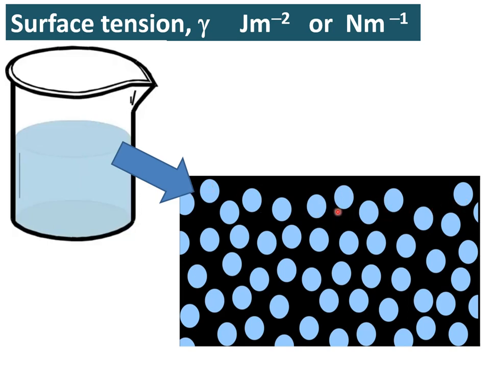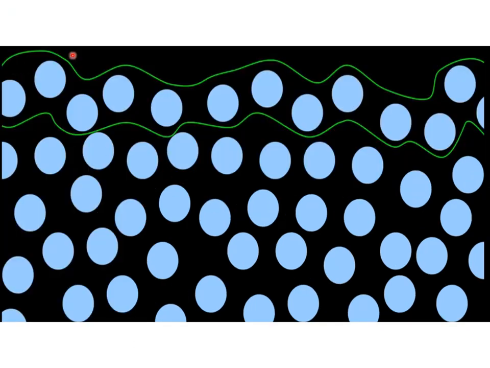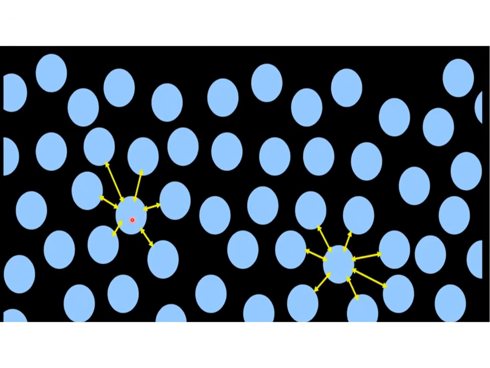And if you look at the surface layer, you will find it is not a straight line, but has an abnormal shape like this one. The particle inside is pulled from all directions by interaction forces, and they balance each other. So it is in a stable state.